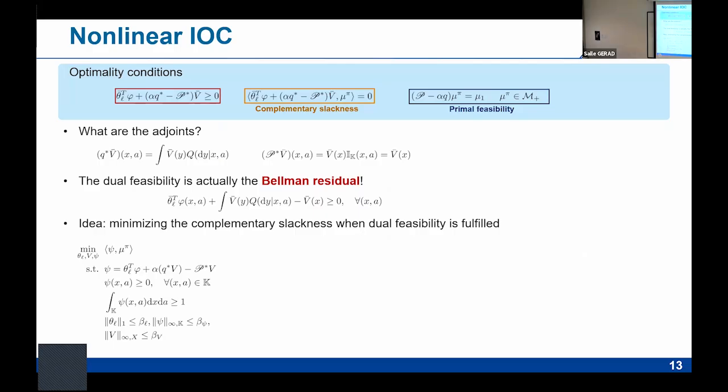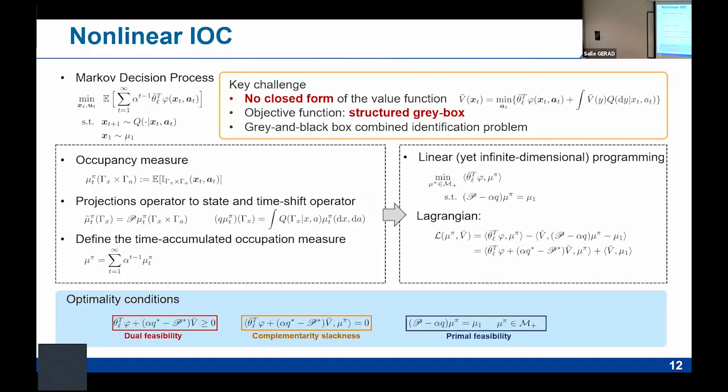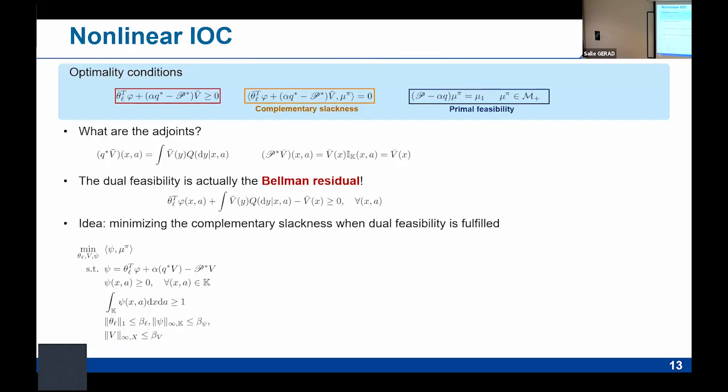So what is actually this? What are the adjoints? You can just write out the adjoints by taking your P and Q to the other side of the commas, and then that becomes the adjoint. Then you can write out the adjoints Q star V and P star V, and plug that inside.